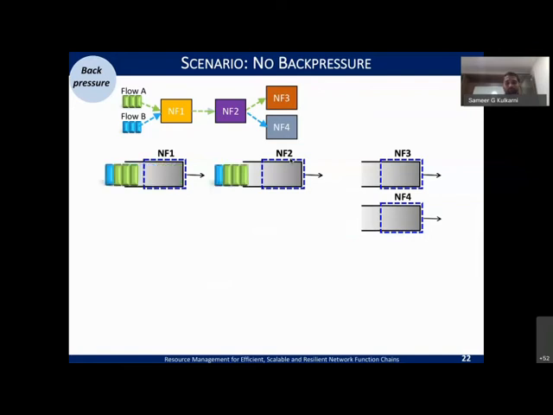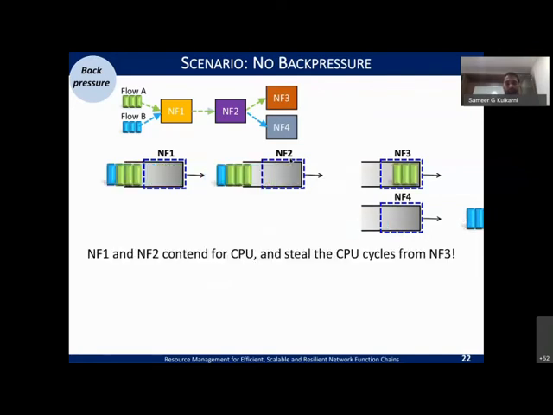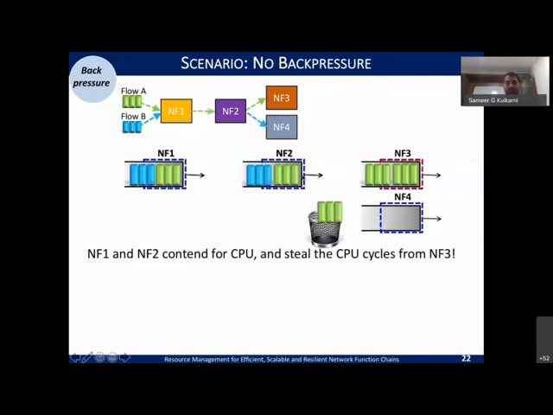So what that means is, if you have a set of packets that are processed, like what we say, the flow A, the green packets, and flow B, the blue packets, and as the packets get processed, and we said NF3 being the bottleneck, that means it is processing the packets more slowly than the upstream NF1 and NF2.